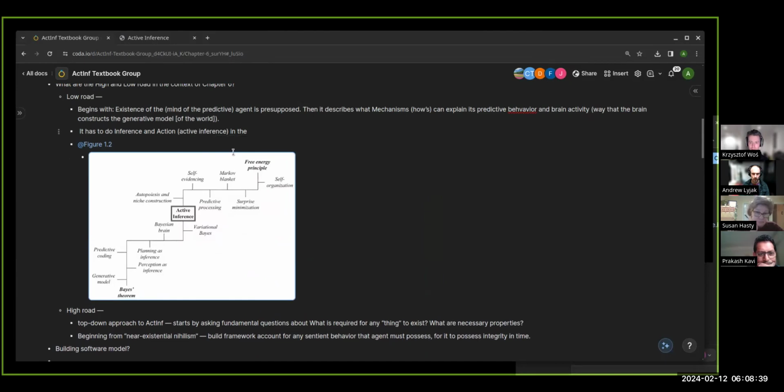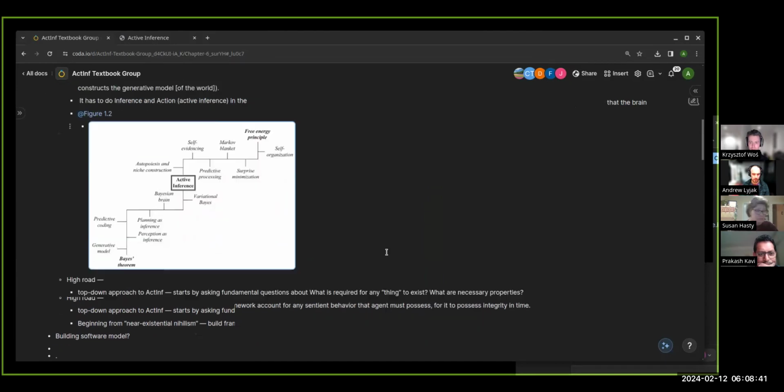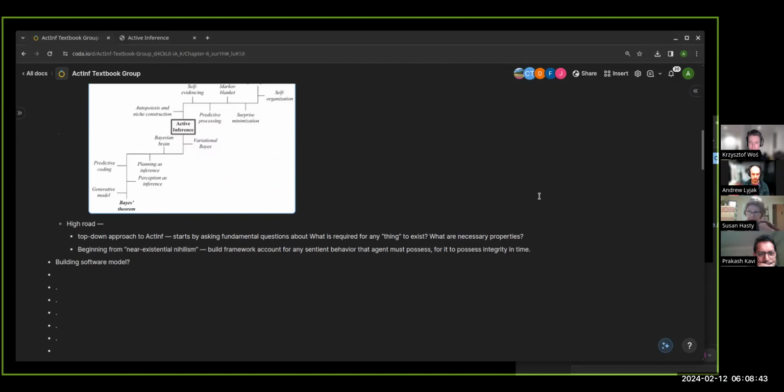Okay, so yes, agency is a kind of central presupposition for any kind of thing that can meaningfully navigate through its environment and have any kind of goal-directed behavior.